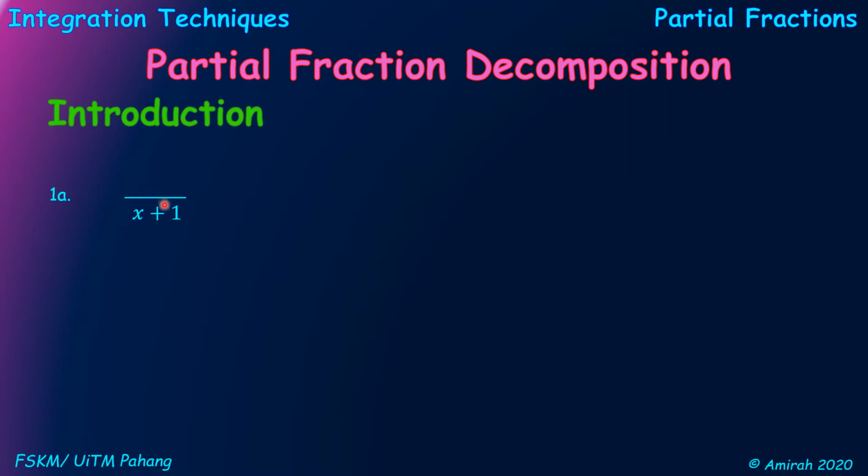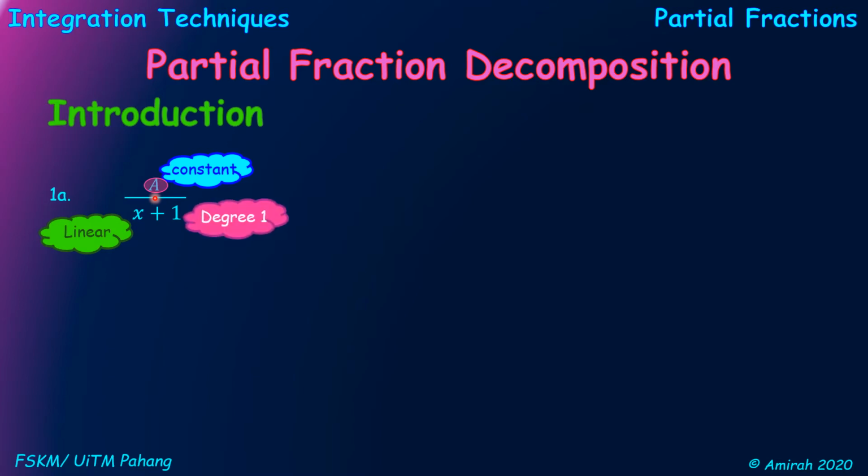1a, we have fraction with denominator x plus 1 and it is linear factor. So we can write numerator equals to A, which is constant. A here means only one constant, because denominator has degree 1. Now we look at 1b. If we have denominator 2 minus x, it is also linear factor.